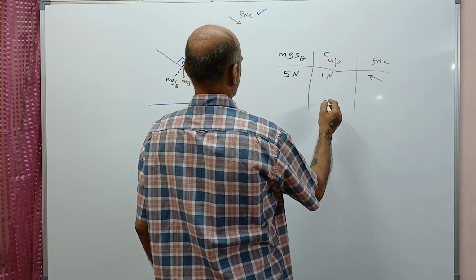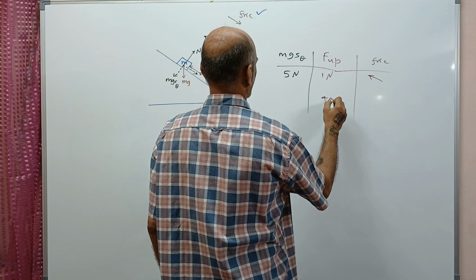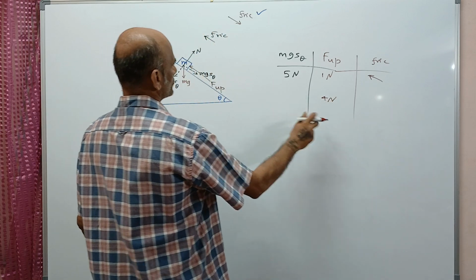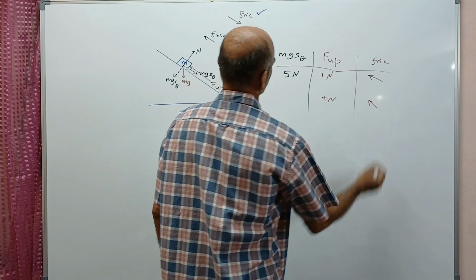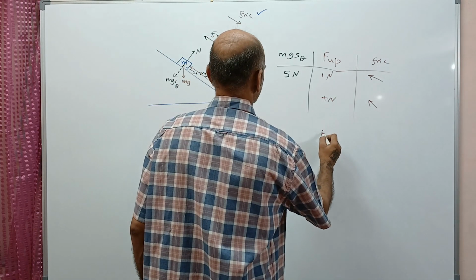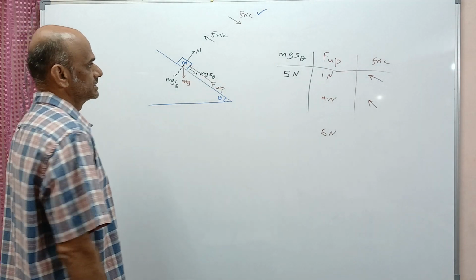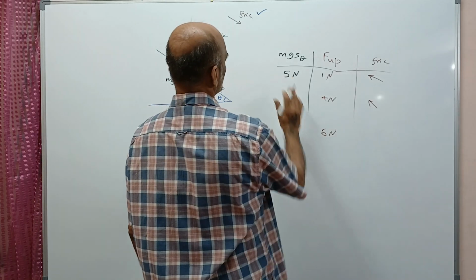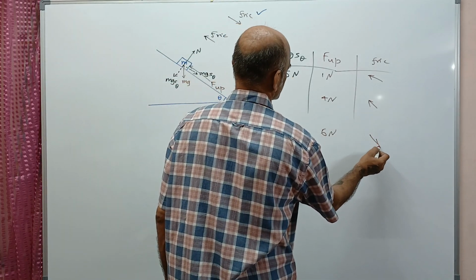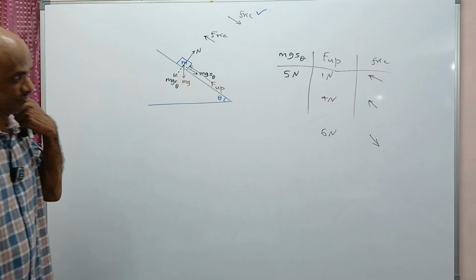But suppose I increase this applied force to 4 Newton, then also there is a net downward force, so the friction force will still be upwards. But if I make this applied force 6 Newton along the plane in the upward direction, then the block will try to move up. So then the friction force direction will reverse to downwards.